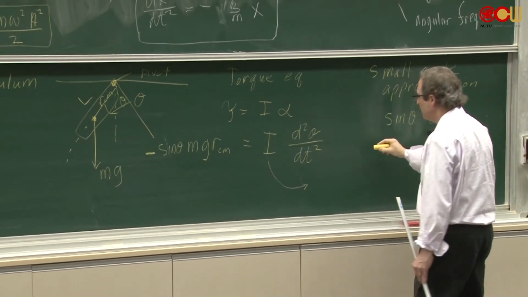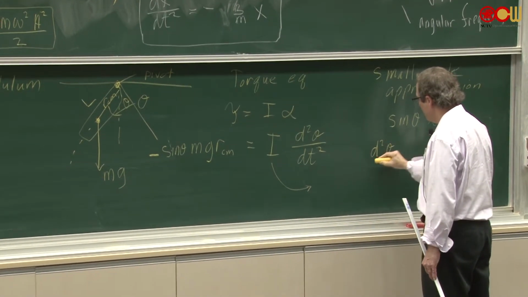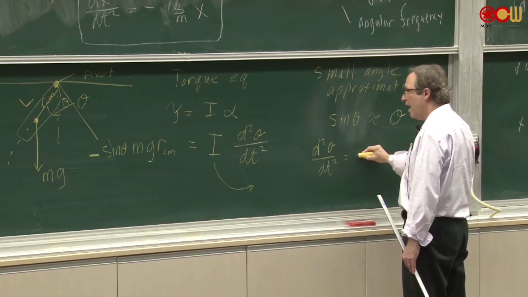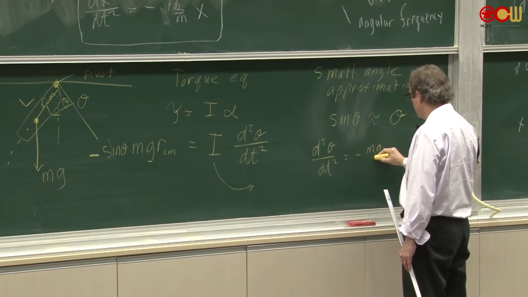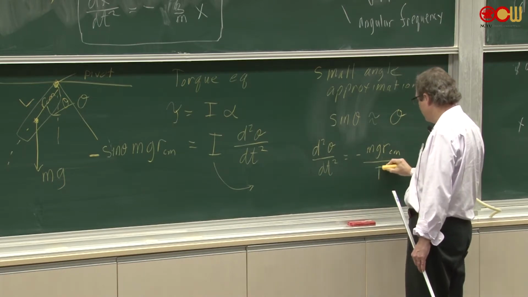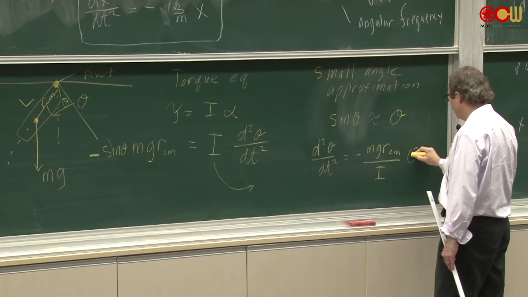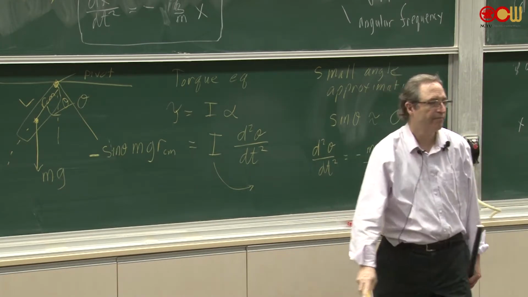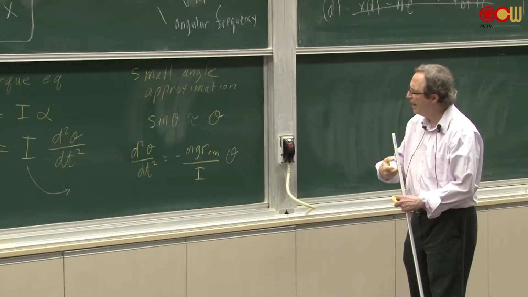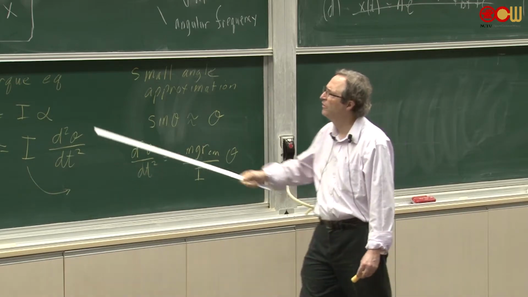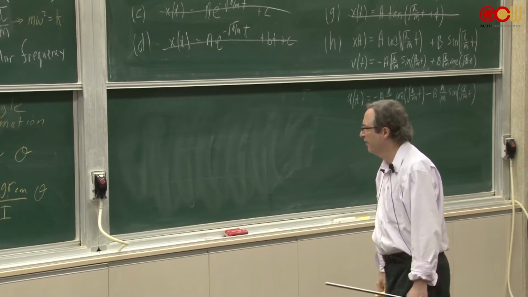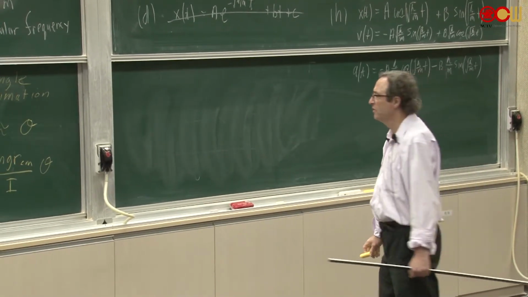All right, so the result of this is I can write d squared theta dt squared equals minus mg r center of mass divided by I times theta. Okay? Did you notice anything about that equation? Compare that equation here with this one over there. They're exactly the same kind of equation.